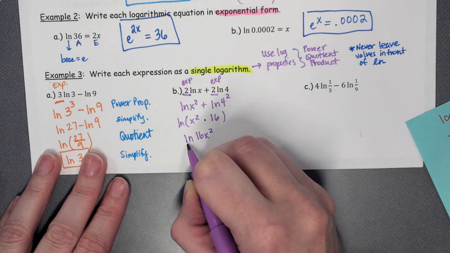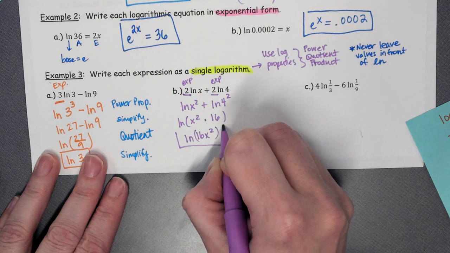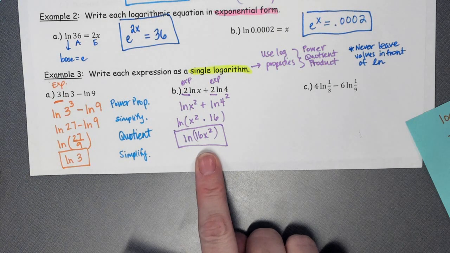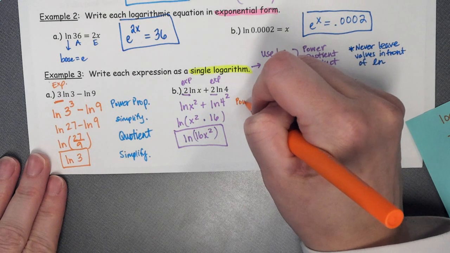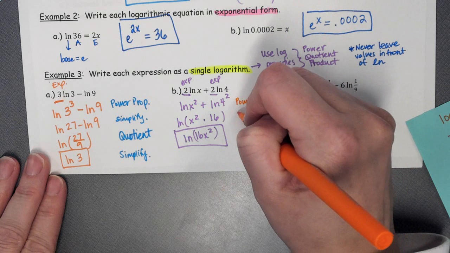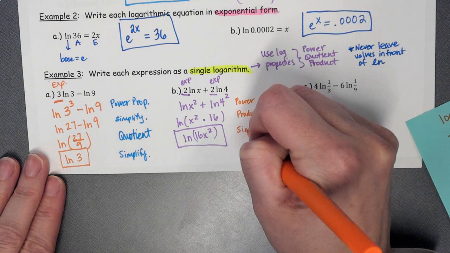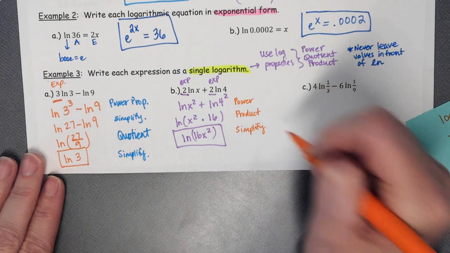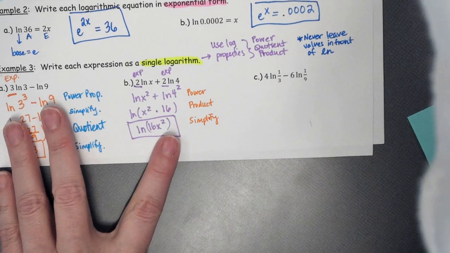It is a monomial, so you can leave it like this. Usually if there are multiple terms, I do put the parentheses on, but you don't need it unless it is a binomial. So you use your power rule, then you use the product rule, and then you write it in the simplest form.